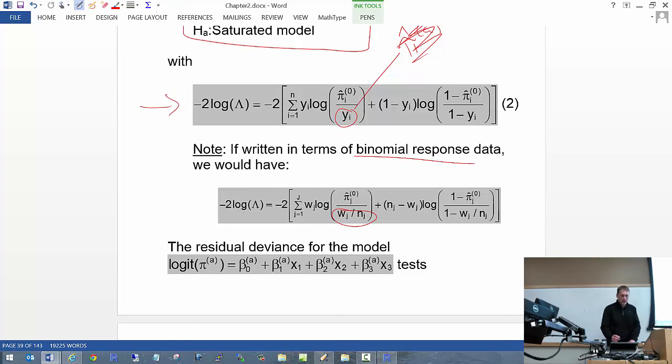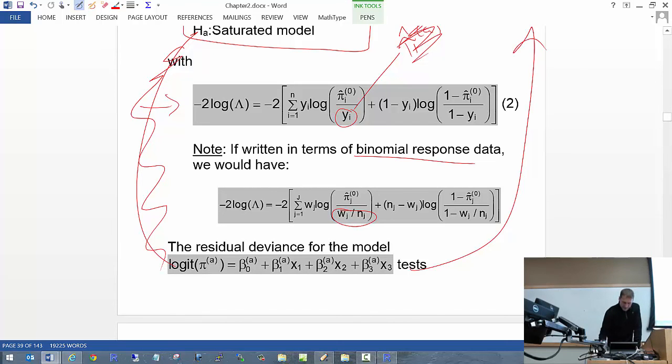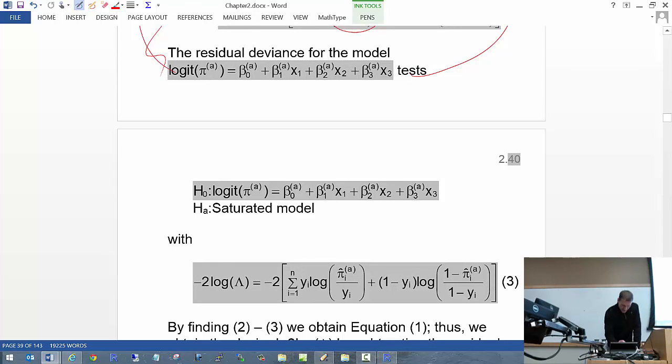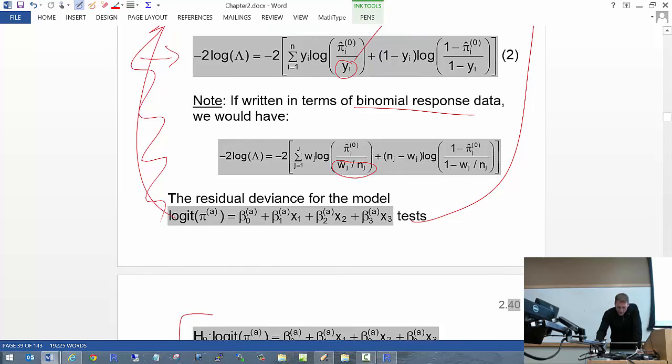Now the residual deviance for my alternative hypothesis model, even farther up, would be testing this, if I were to use glm and estimate this model. And so what ends up happening is, if you notice, I have some equation numbers here.